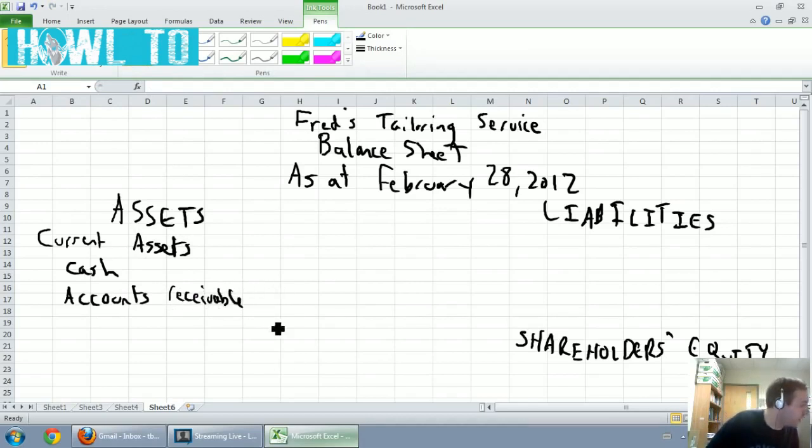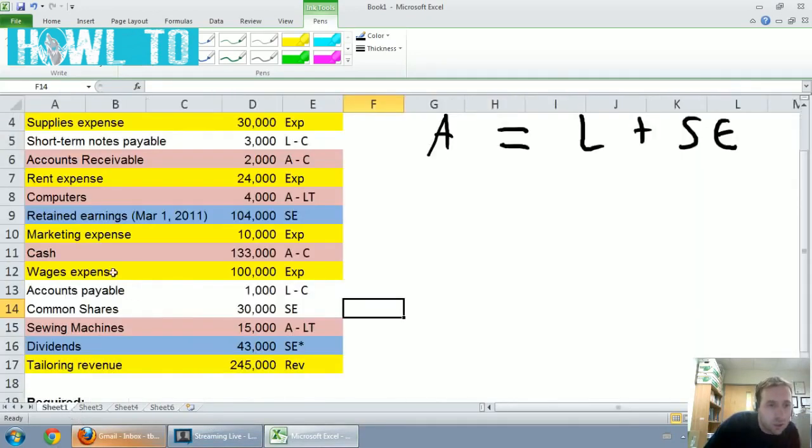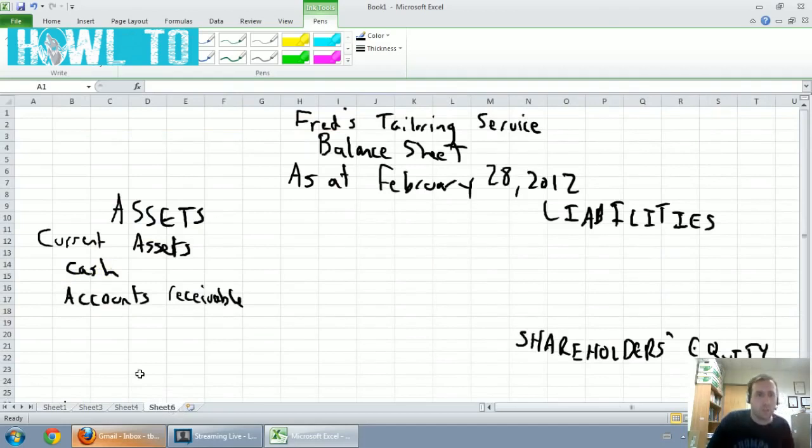And our cash was $133,000. Accounts receivable is $2,000. So 133 plus 2 is 135.